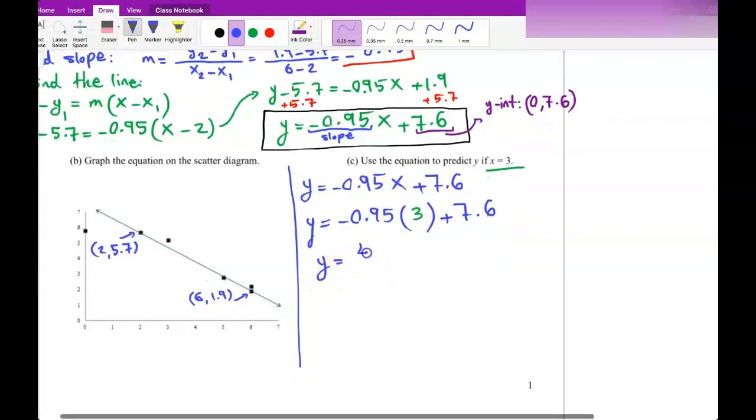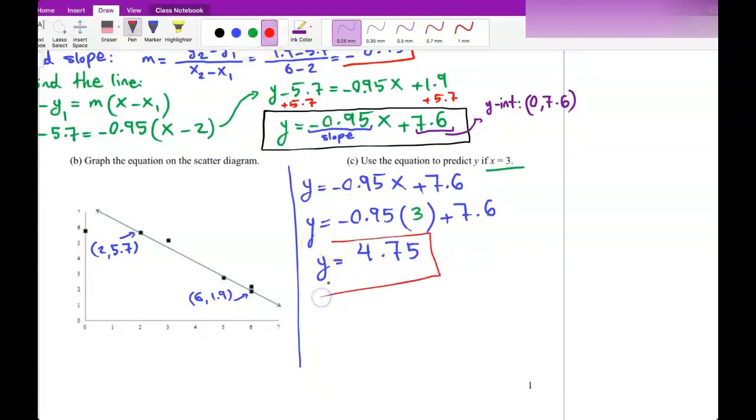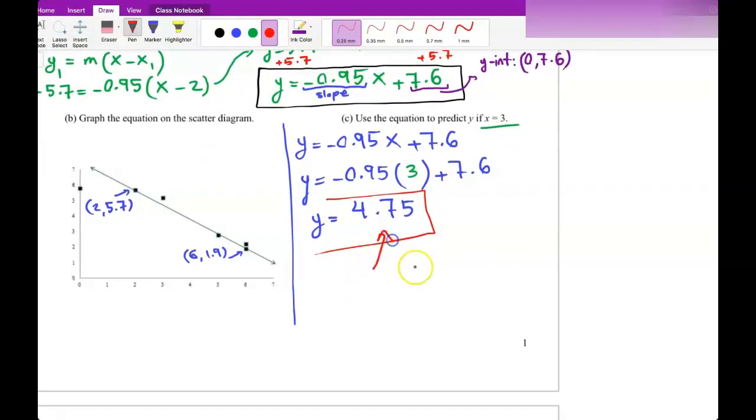So y is equal to 4.75. This is what we predict.